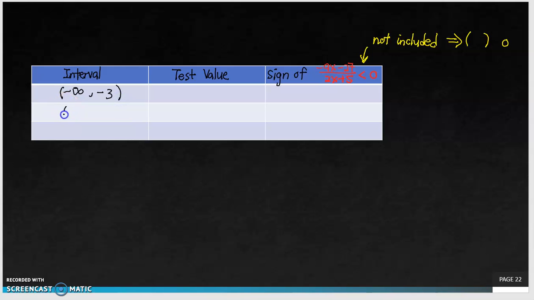The second interval will be negative 3 until negative 5 over 2. The third interval will be negative 5 over 2 until positive infinity.